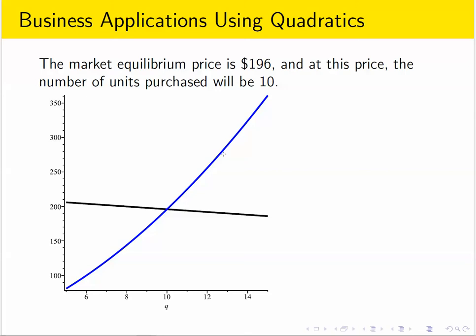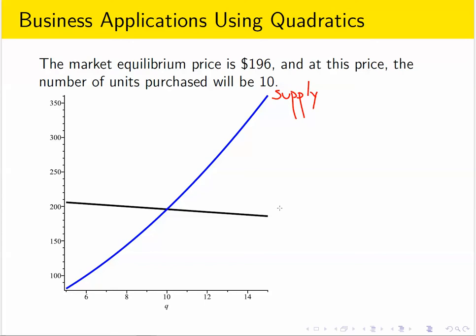So the blue function we see here is the supply function graph. And as expected, it's an increasing function. As price increases, quantity increases. They both go up together because the higher the price, the more suppliers are interested in providing that product.